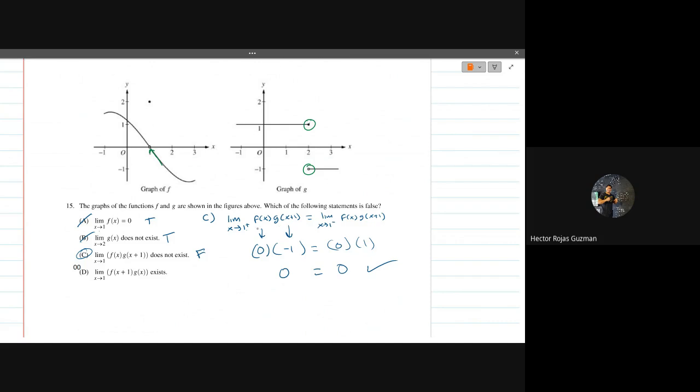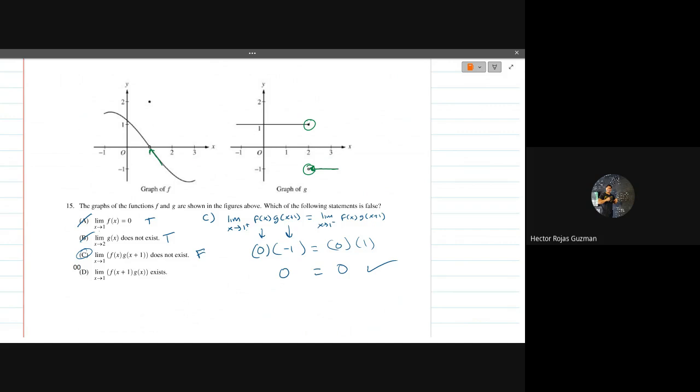And if you take the limit as x approaches 1 from the right side for g of x plus 1, it's basically saying g of 2, because we're approaching 1, and 1 plus 1 is 2. So that right there is negative 1. So 0 times negative 1 is 0.